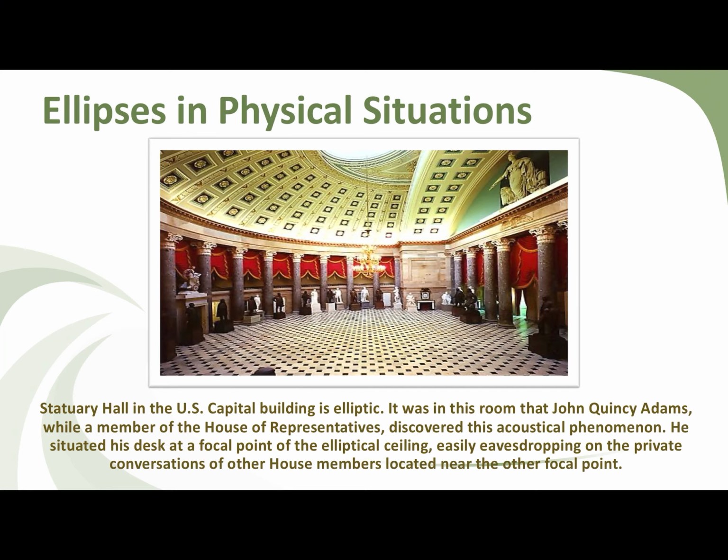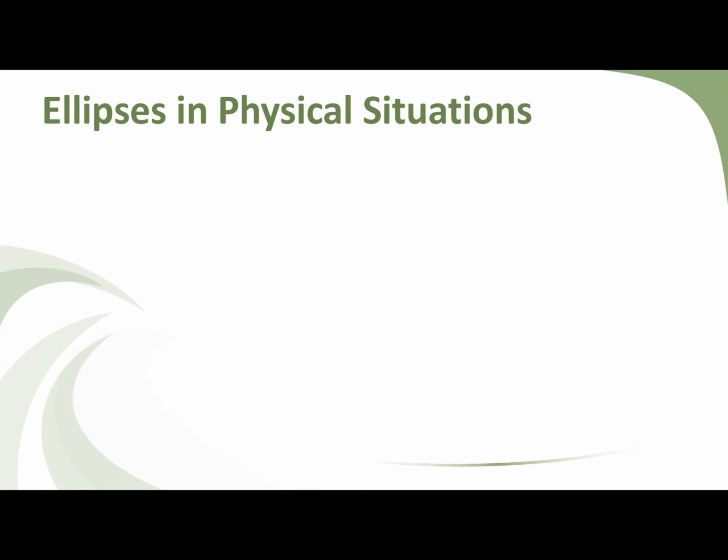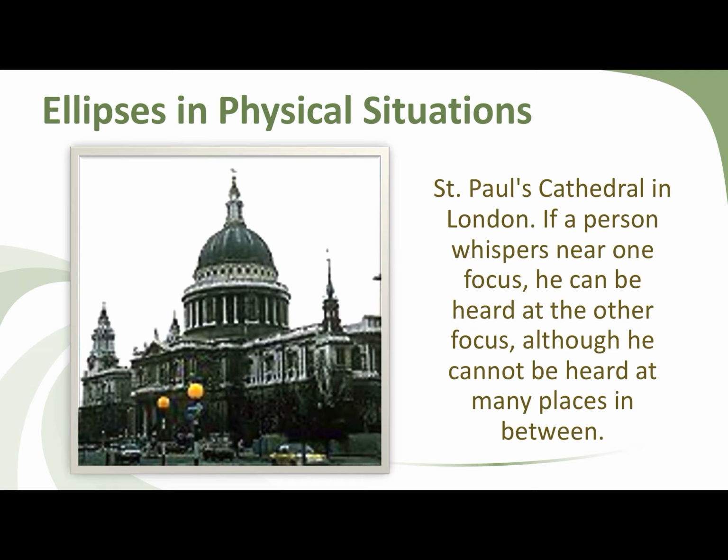If someone stands at one focus point and they whisper, you can hear it at the other because the sound waves hit that ellipse and reflect down to the other focus. Right, so it's said that John Quincy Adams put his desk right at one of the focal points, and then he could eavesdrop on people having conversations at the other one.